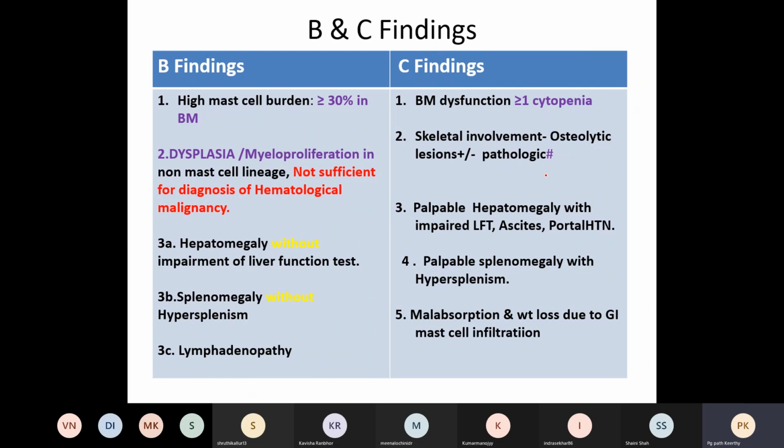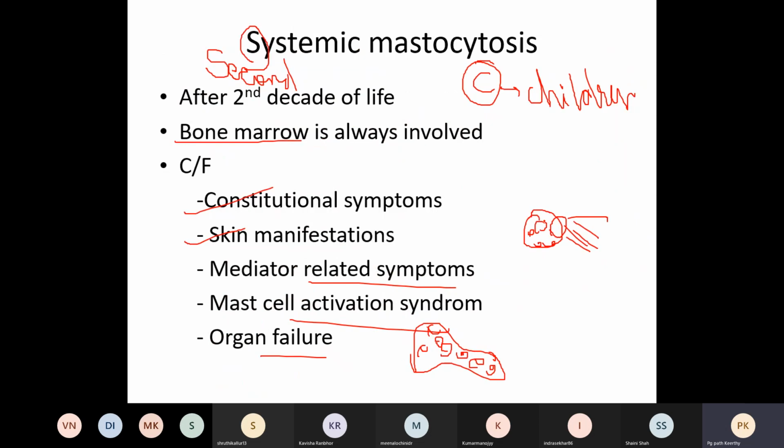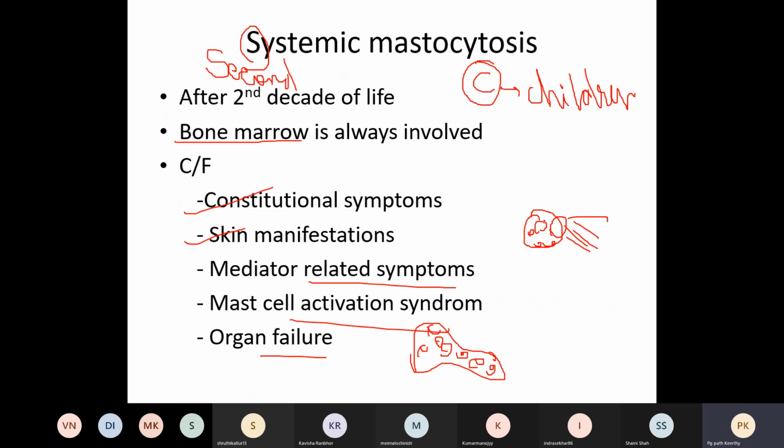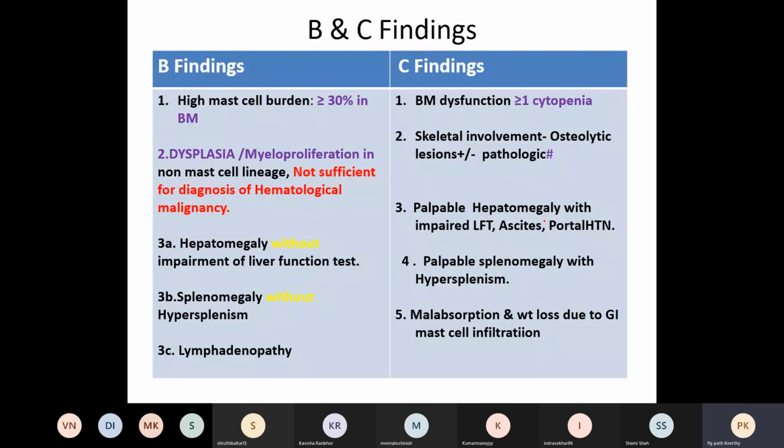First we have told what the criteria are for systemic mastocytosis. But there are how many types of systemic mastocytosis? We have 5 types, right?